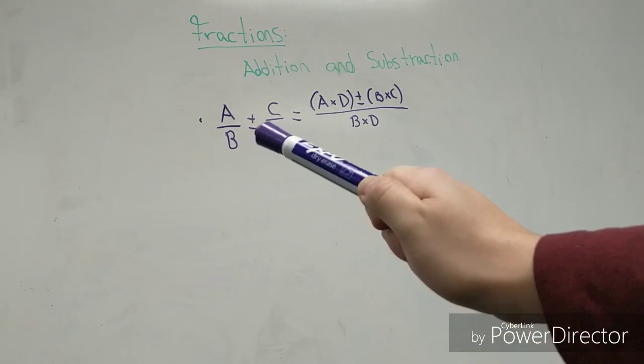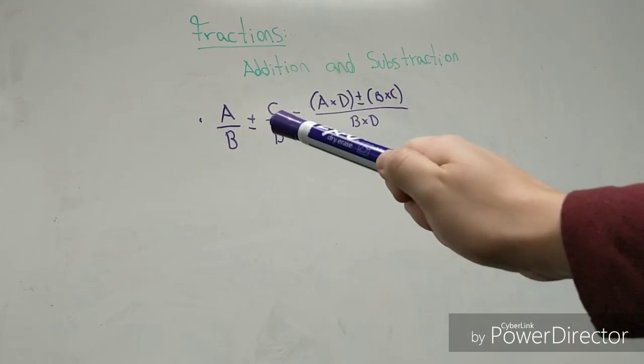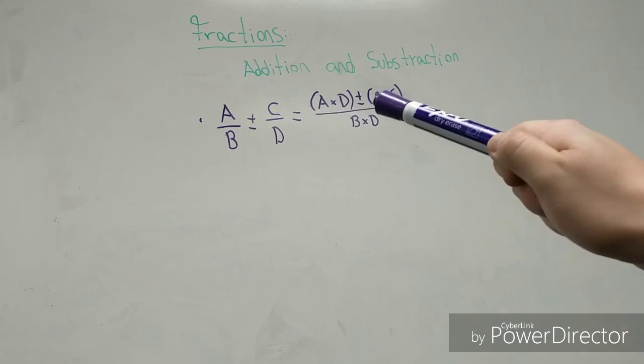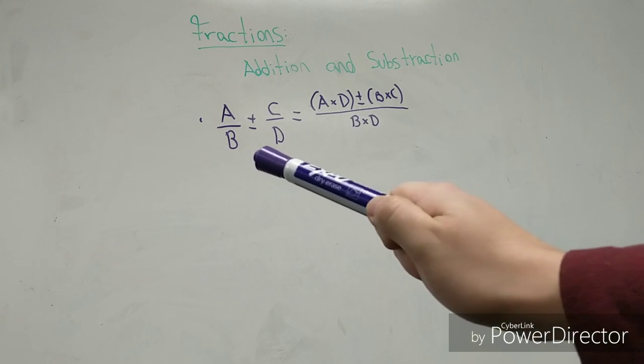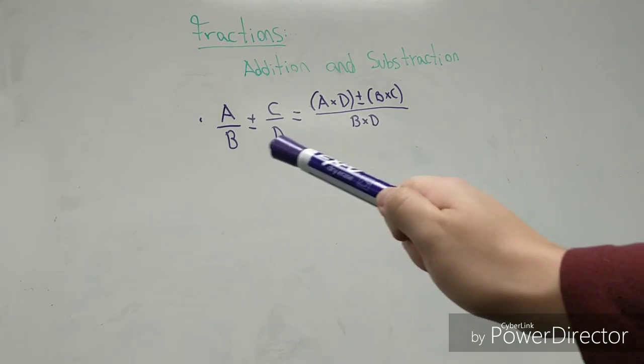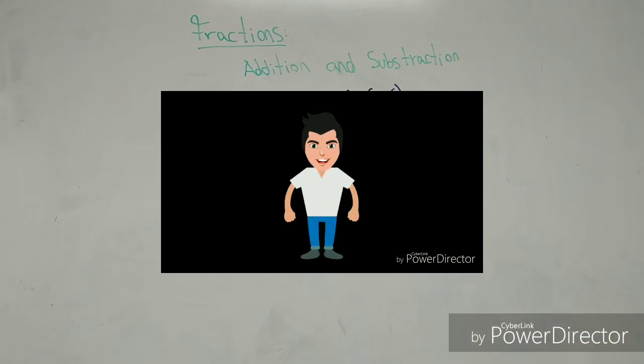The first bottom times the second top, and then we divide everything by the two bottom numbers.